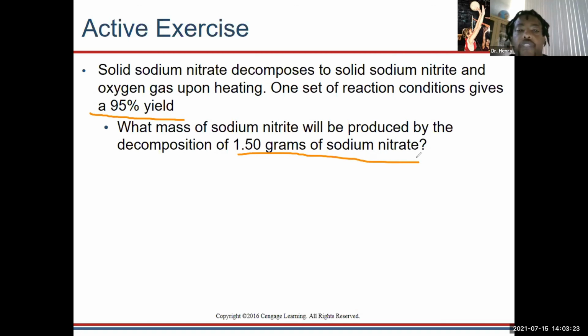So what is the first thing that I'm going to do now that I've already identified what's given? What did we do in the last question?